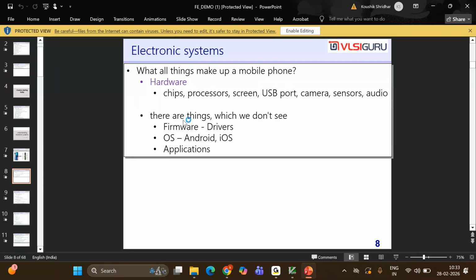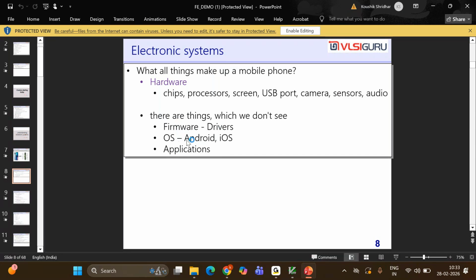Then there are some things which you don't see. They are nothing but firmware, operating systems, and applications. Applications, you see the application icon, but you don't see how it is coded. The code you cannot see. So these are the things we don't see in an electronic system: firmware, operating system, and applications. Firmware is what are called the drivers.